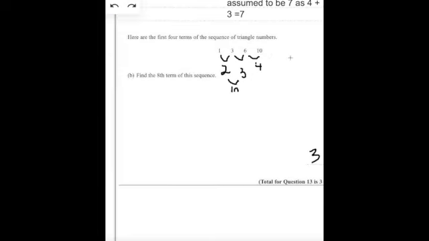But I'll write it out step by step. So the next term, 15, then the next term, 21, the next term, 28, the next term, 36.